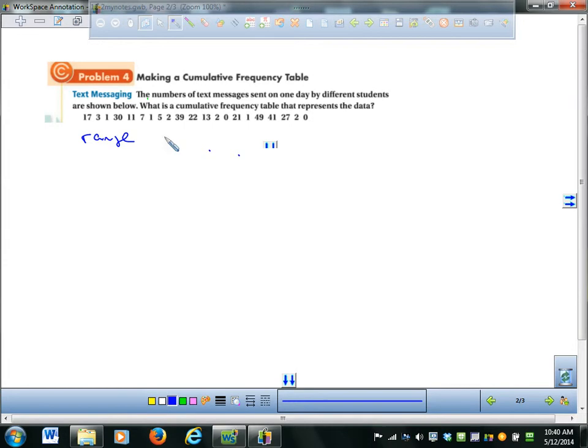So the range goes from 0 up to 49. Okay. So say I want to do 5 categories. How many numbers from 0 to 49? There's actually 50 numbers, which I can divide by 5 if I want 5 categories, so it would make sense to count by tens.